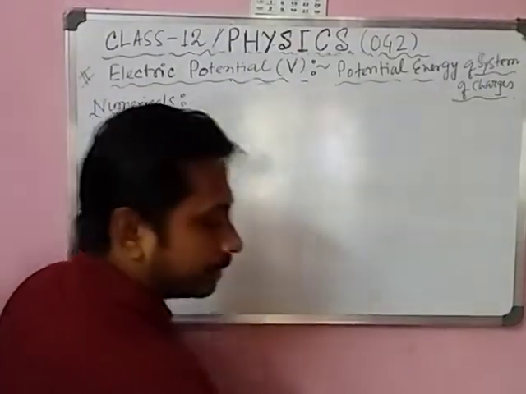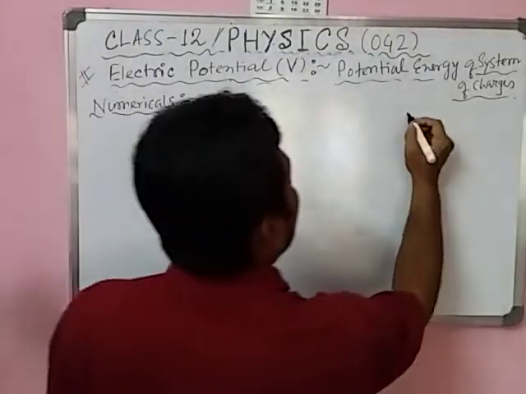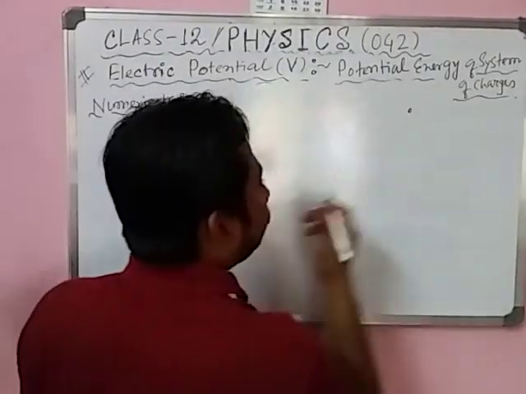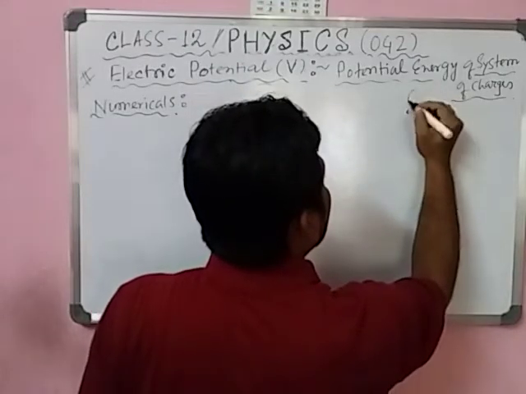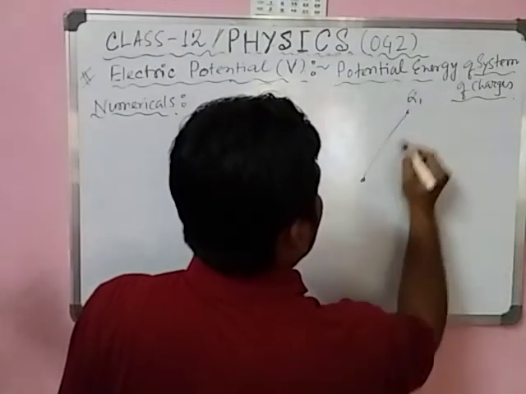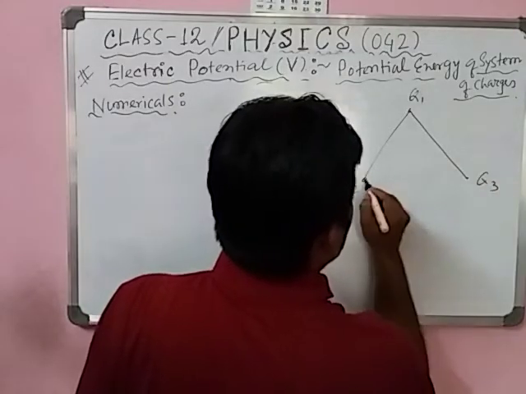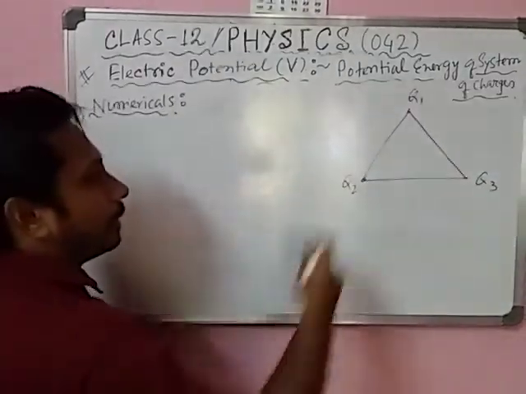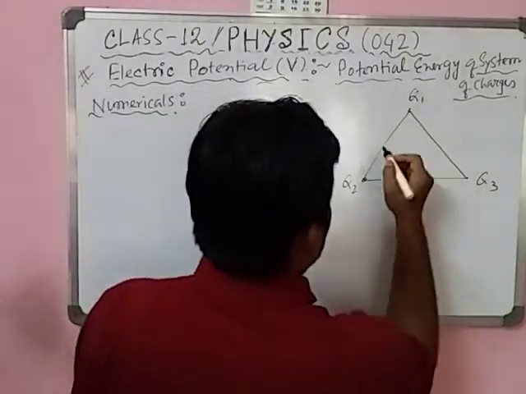First of all, think of a three charges system, which means a triangle. So first of all, I draw a triangle. See, there is Q1, Q2 and Q3, three charges placed to form a triangle.